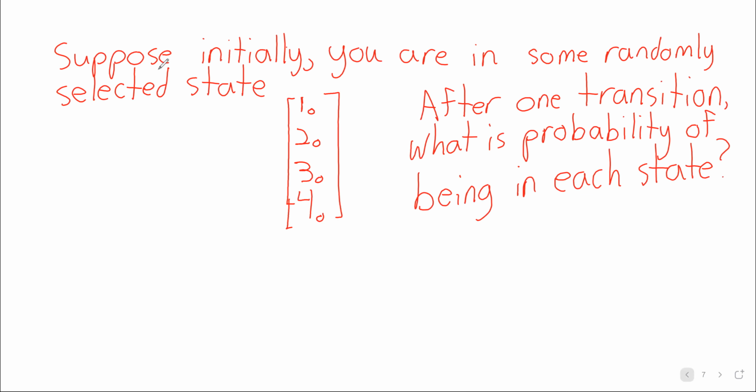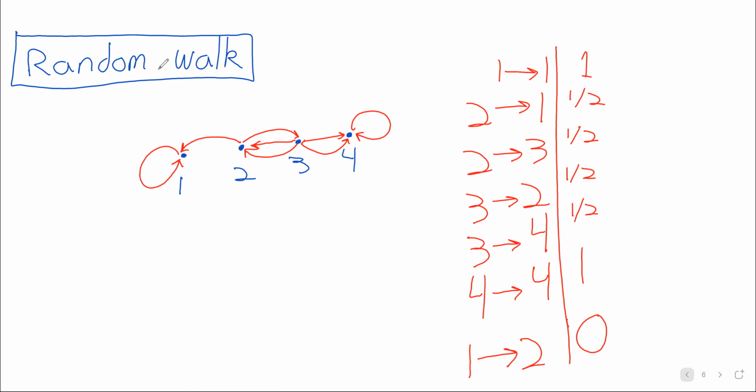let's call p1 sub 1 the probability of being in state 1 after one transition. Well, there are two ways that this could happen. We could be in state 1, and then we could stay in state 1.